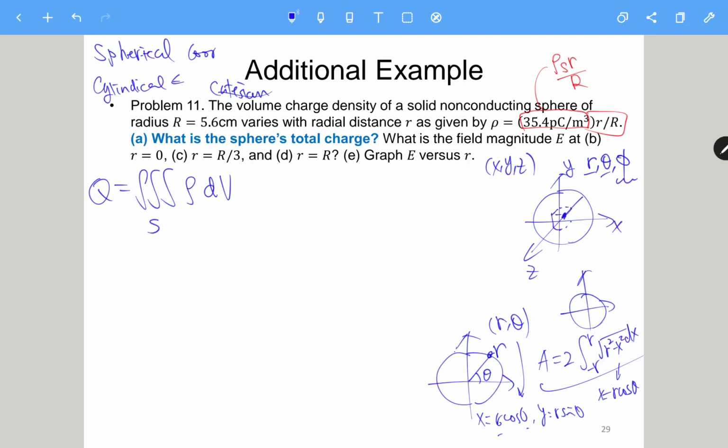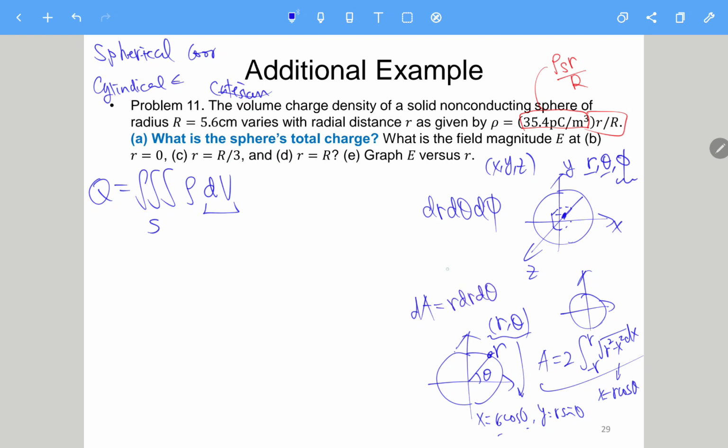Here we have dV. You may consider whether it will be dr, d theta, d phi, and get the job done. The answer is no. When you consider the polar coordinate, dA will be something like r times dr d theta.